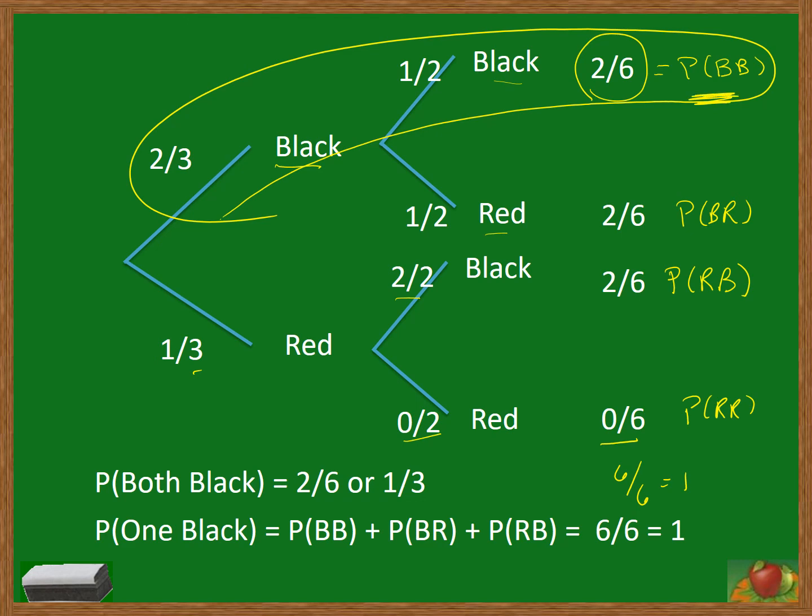Unless it says only 1 black, you can assume that as long as you get a black, it's part of the answer. I've got a black here. I've got a black here. So if I add the 2/6, the 2/6, and the 2/6, I'm going to get 1. So it's 100% probability that I'll get at least 1 black.